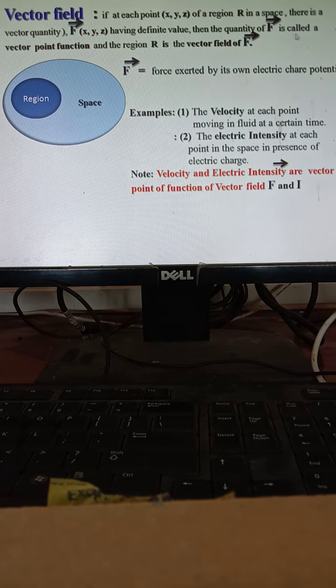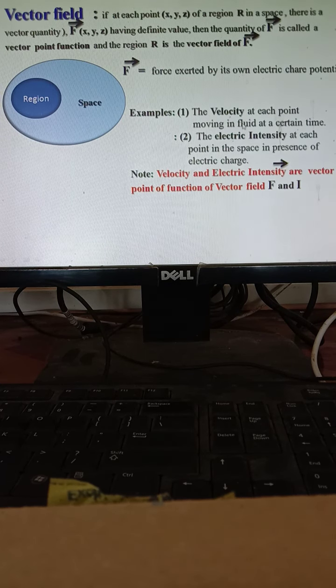Then the quantity F is called a vector point function. The point comes in the region with coordinates x, y and z in R space. F is the force having a definite value in terms of Cartesian coordinates. That F is called a vector point function and region R is called the vector field.